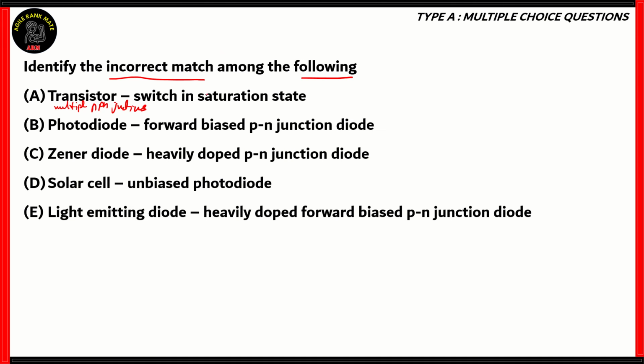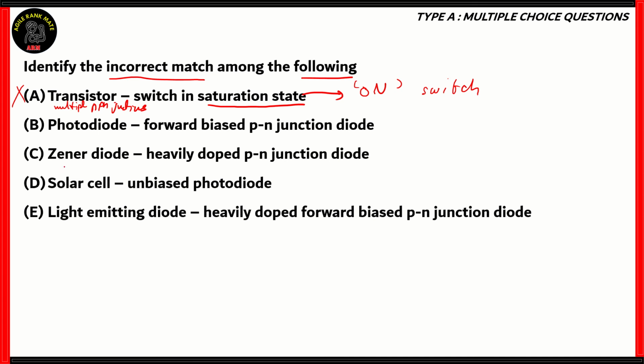And so because of this construction, it has a saturation state that makes for the on switch. If a transistor is saturated, whether with a positive or negative junction, it turns into the on switch, and that allows current to pass through. So therefore, the match is correct, which makes the option incorrect.